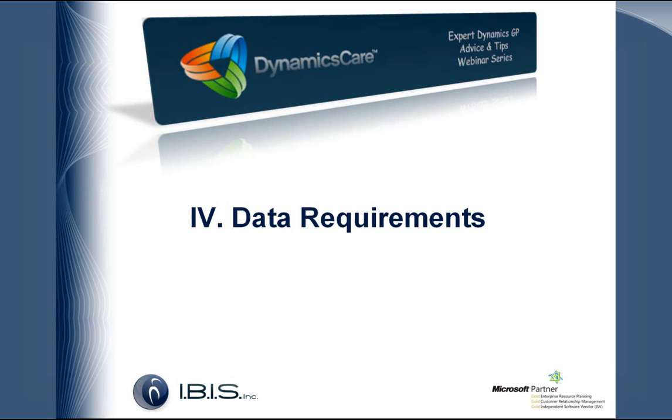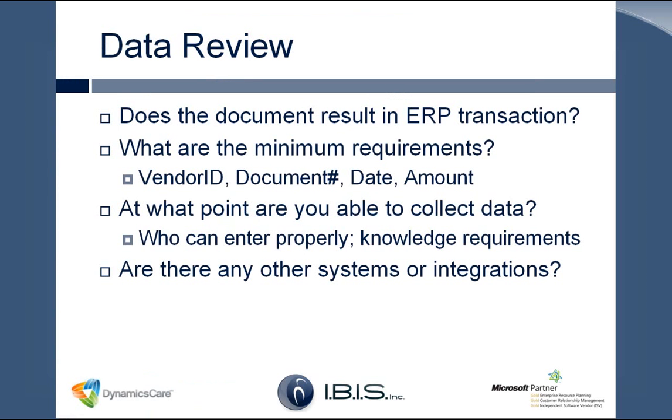So during this stage, we're identifying what information we want to capture up front that we have available on the back end. So here are four different questions that you want to go through. Some of them are tied directly to the ERP, some of them may not be.